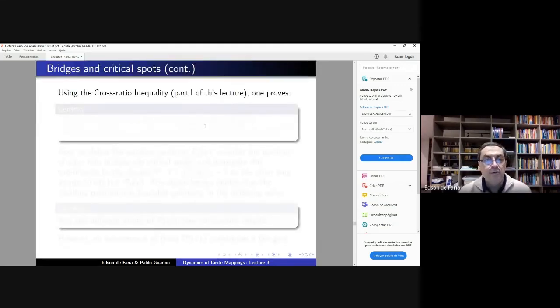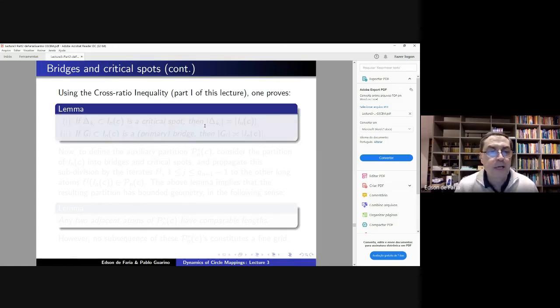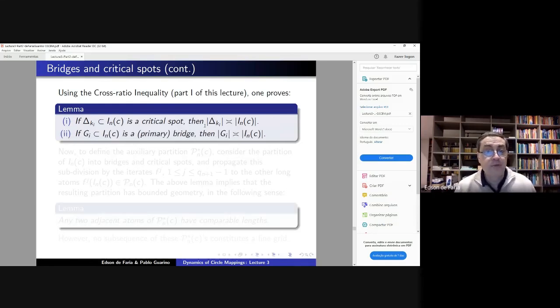And using a tool that is the cross-ratio inequality that we saw in the first part of this lecture, you can prove the following lemma. The first statement is that the critical spots are comparable with the interval I sub n in which they are sitting. And the bridges themselves are also comparable to the full interval.